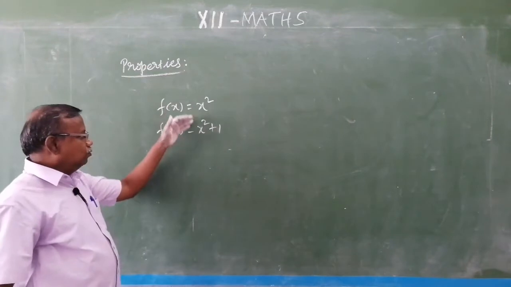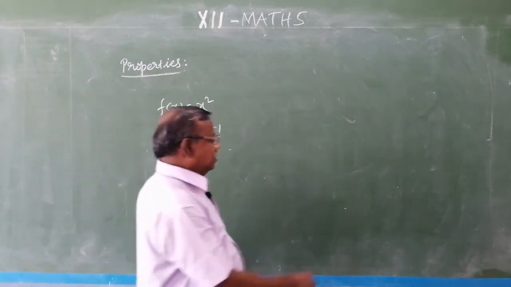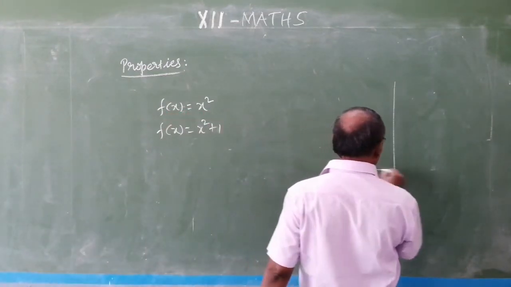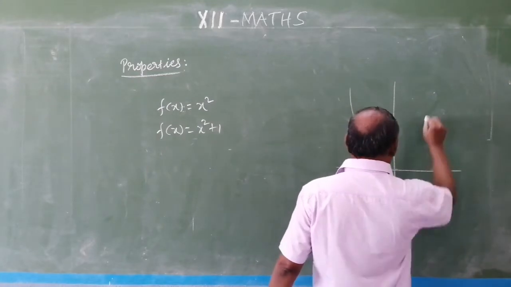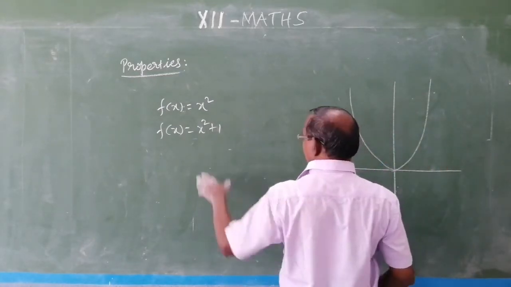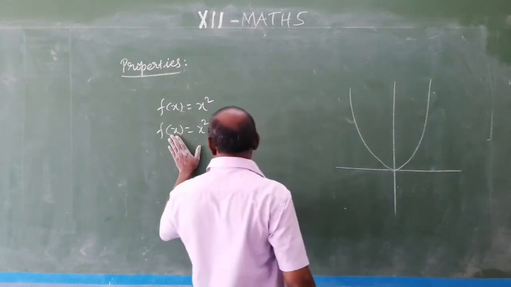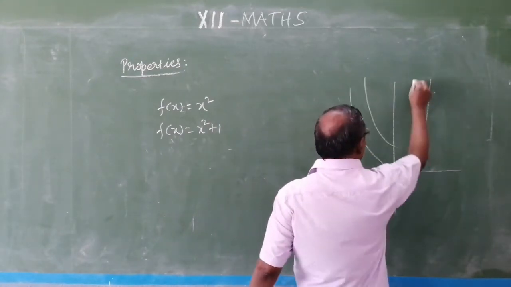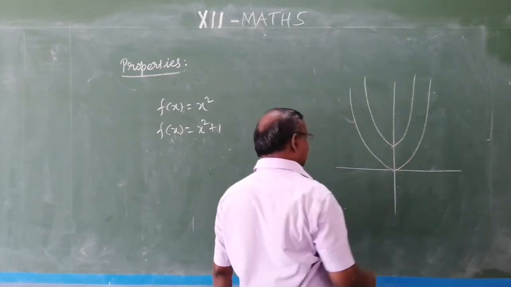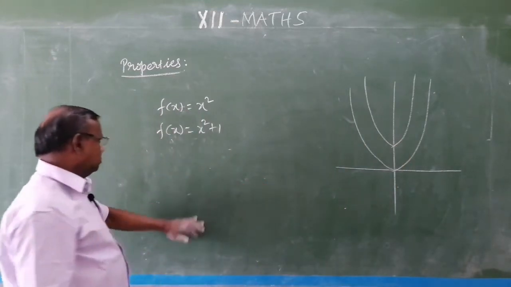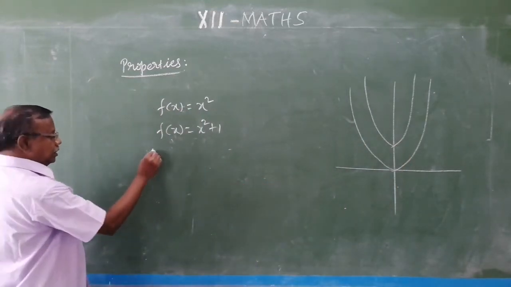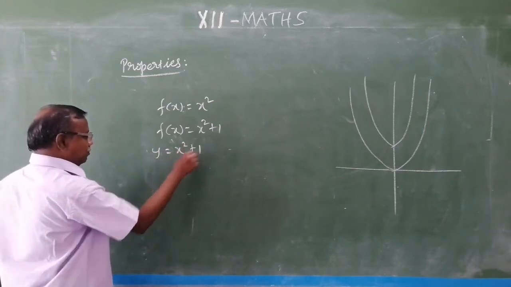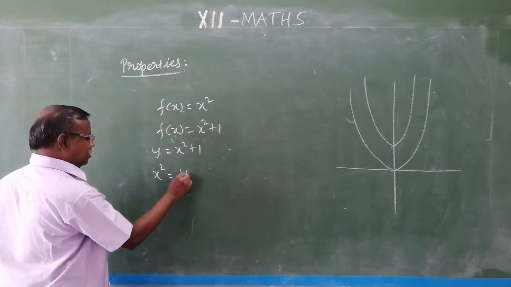These two are different, because one is a parabola open upward whose vertex is at the origin, and the other is a parabola open upward whose vertex is at some other point than the origin. Here, if y equals x square plus 1, then x square equals y minus 1.